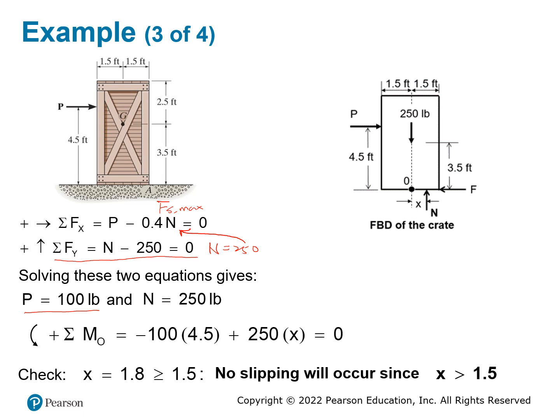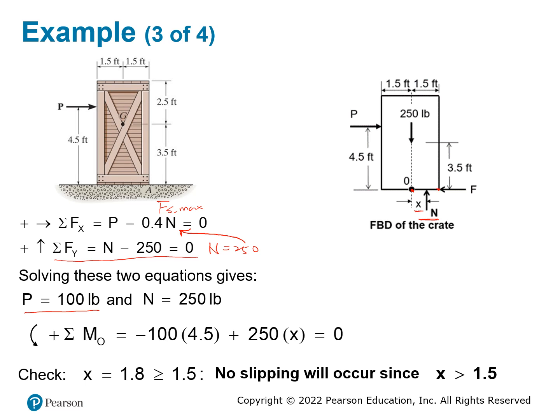Then if you want to find the position of the normal force, you can use the summation of moments. By assuming the normal force is going to be in between this point, which is right below the center of the weight, and this corner, let's make this position x.